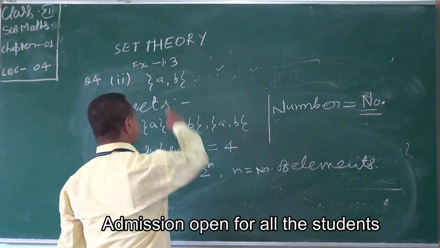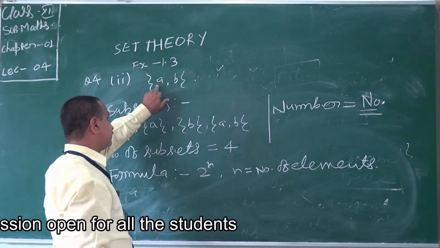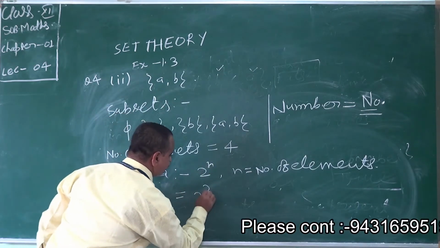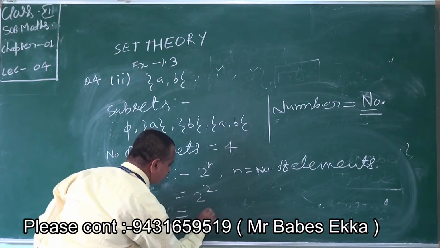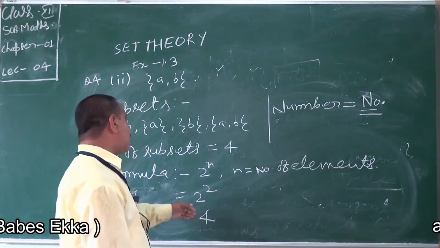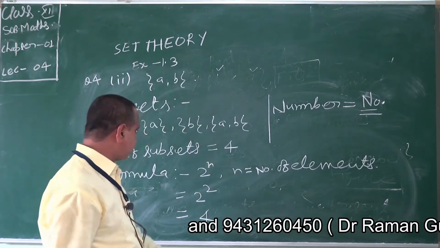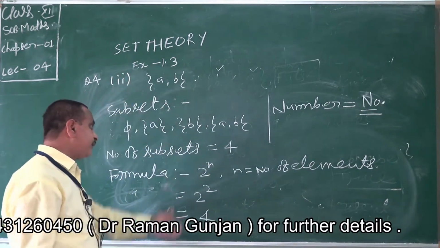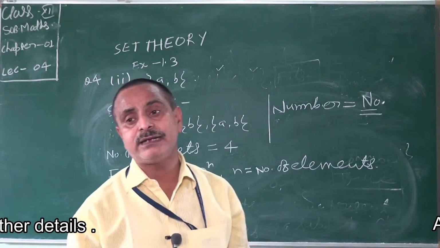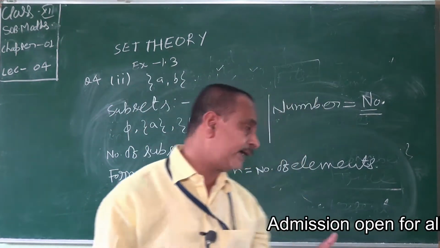So in this set we have 2 elements, 1, 2. So we put the value of n as 2 and by calculation we find 4. Thus we decide whether our answer is true or false. If a set has 2 elements, it has 4 subsets. If a set has 3 elements, it has 8 subsets.